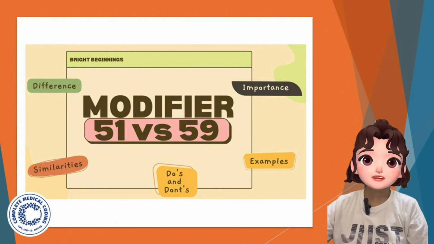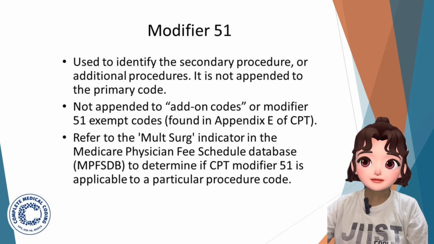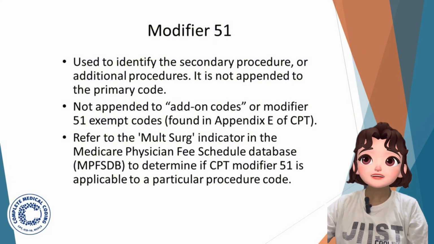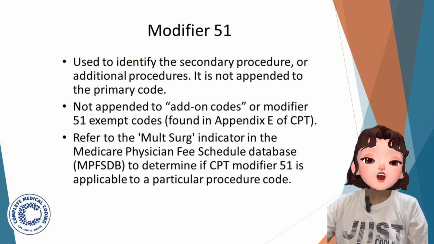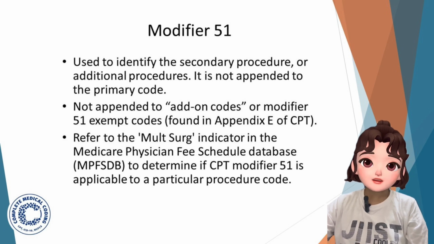What is modifier 51? As you already know, the 51 modifier represents multiple procedures. It is used to identify the secondary procedure or additional procedures. It is not appended to the primary code.